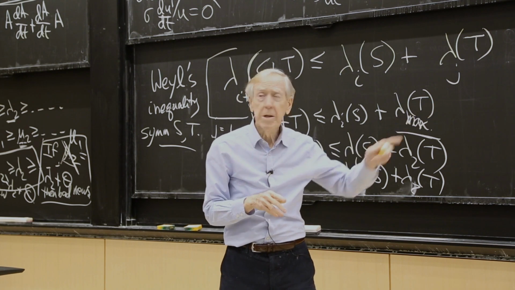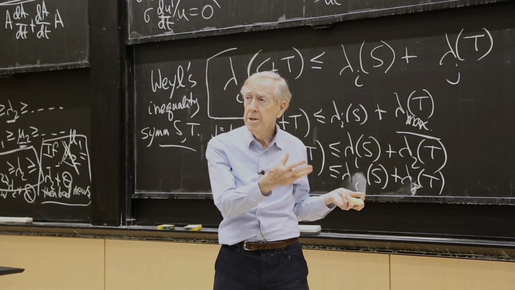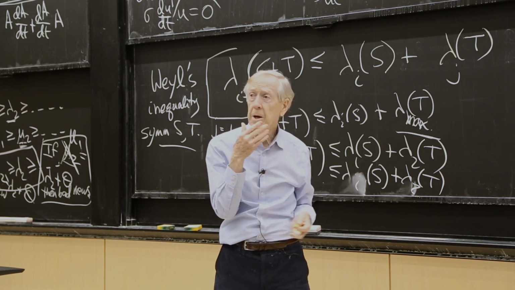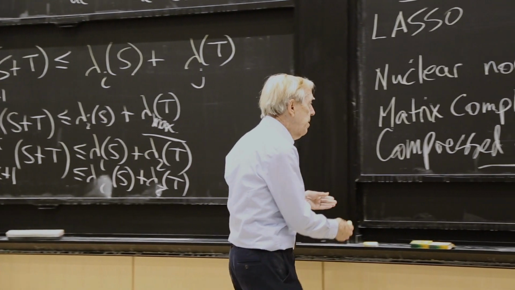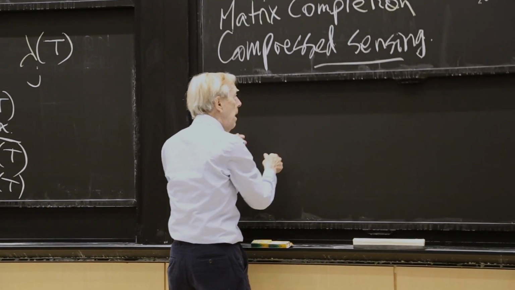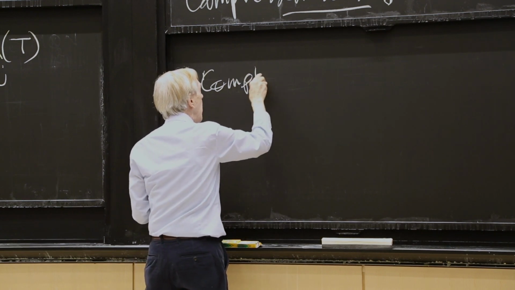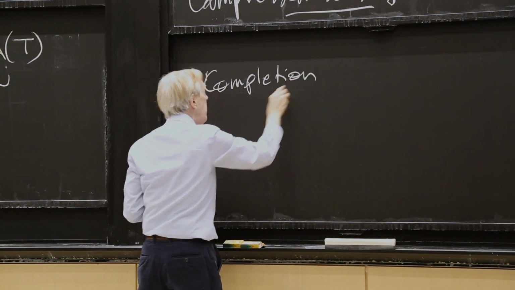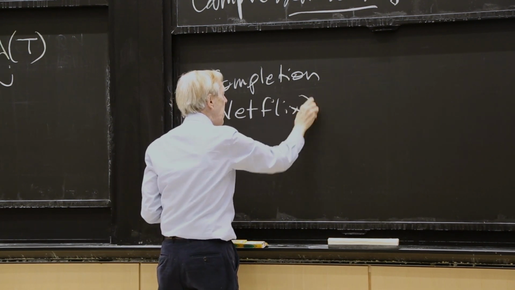So this is moving us up to matrices. And that's where compressed sensing comes in, matrix completion comes in. So here, matrix completion would just be, I mentioned, so this is completion. And I'll remember the word Netflix, which made the problem famous.